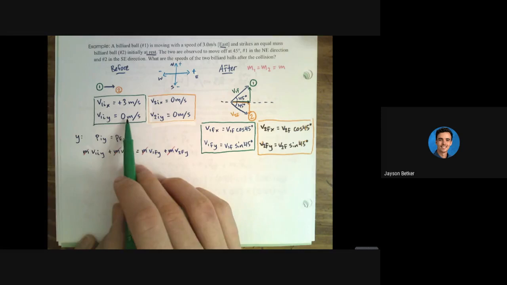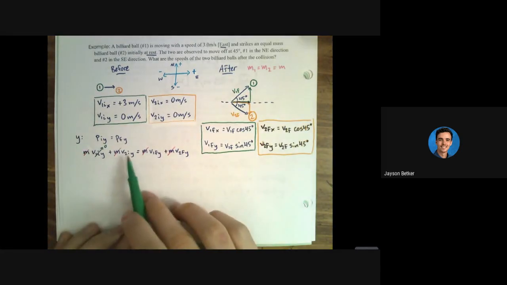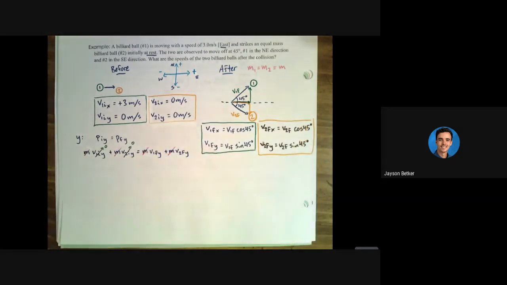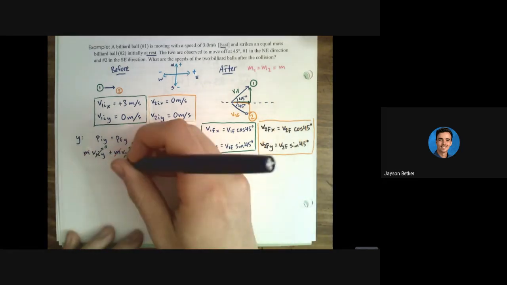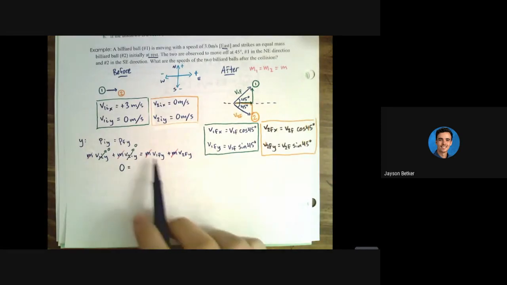Now there are 2 more cancellations. V1IY is equal to 0, so this just becomes 0. And the same goes for here. V2IY is also 0. So those are both 0 and they cancel out. Now all I'm left with is 0 on this side is equal to V1FY.